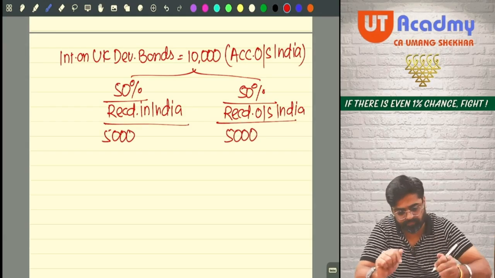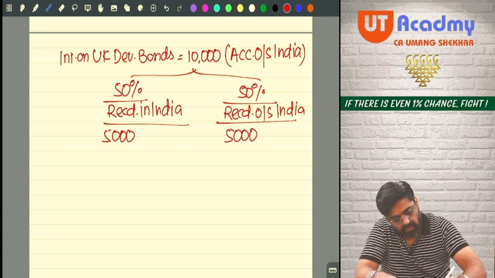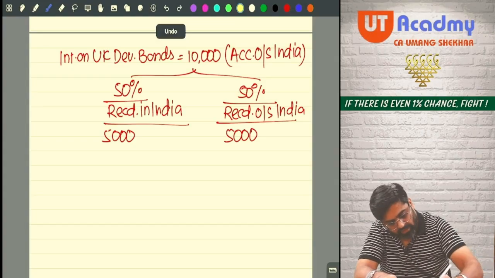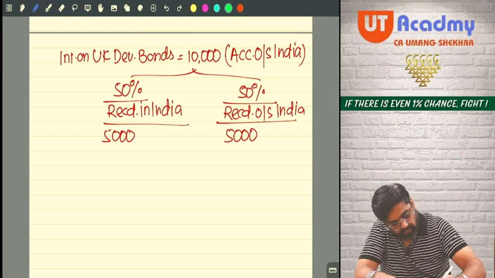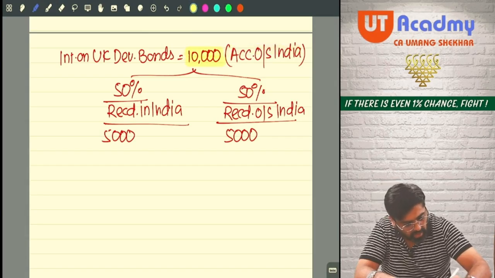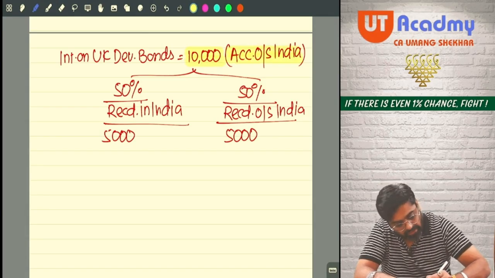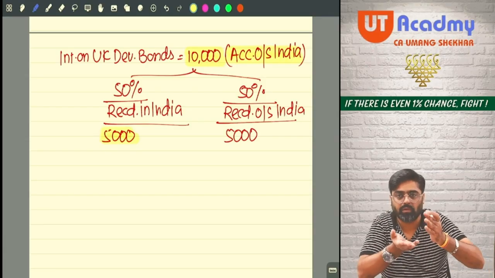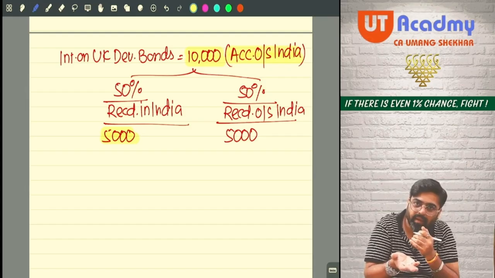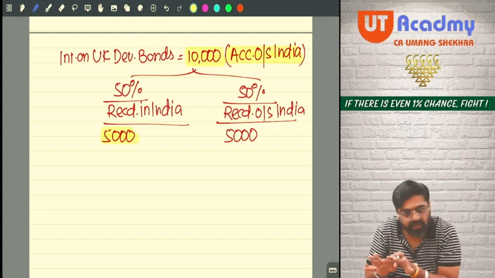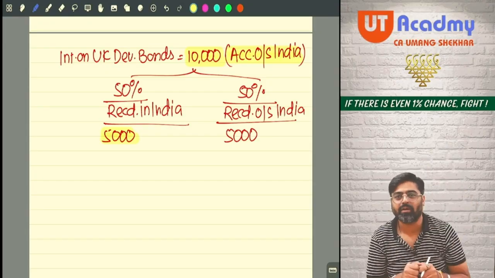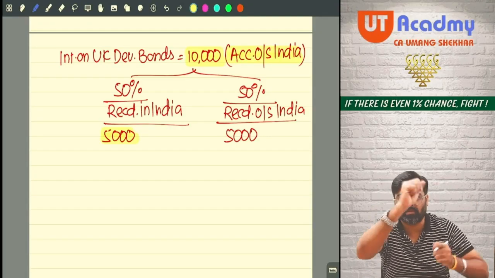Now one question. Out of the 10,000 which is accrued outside India, can I say this 5,000 is out of that 10,000 only? So the 5,000 which you are receiving in India was accrued outside India, but you have received it in India, no? What type of income is this?